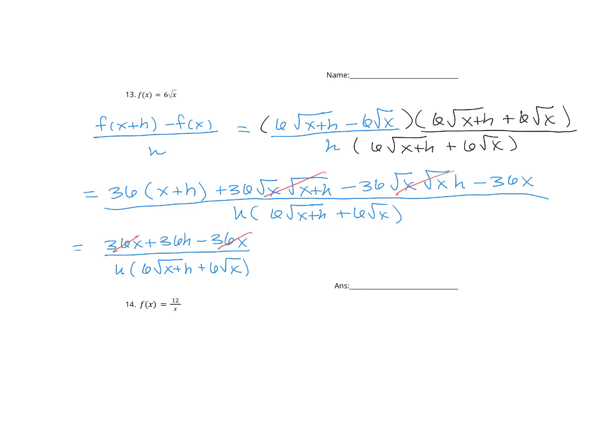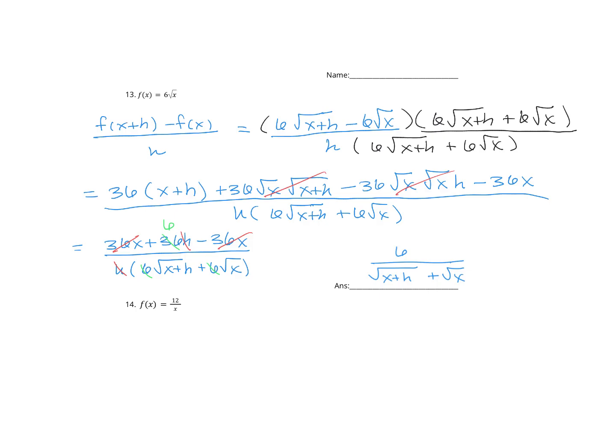And then the 36h over h, I can have those h's cancel out. You will also notice that I can divide these 6's into that 36 and get just plain 6. So my final answer, when it's all said and done, is going to be 6 divided by the square root of x plus h plus the square root of x. And that is the simplified difference quotient for this problem here.